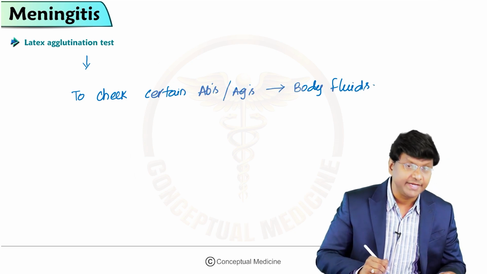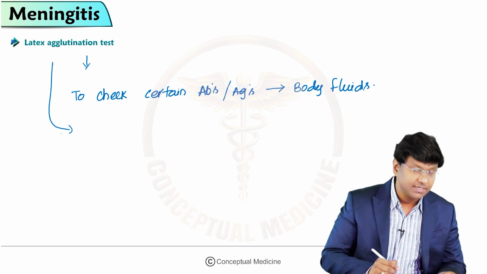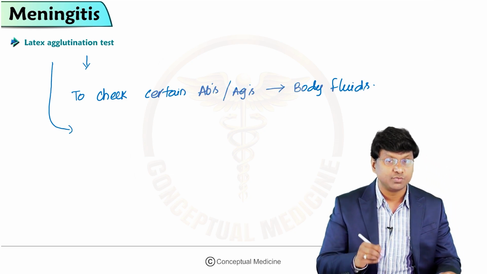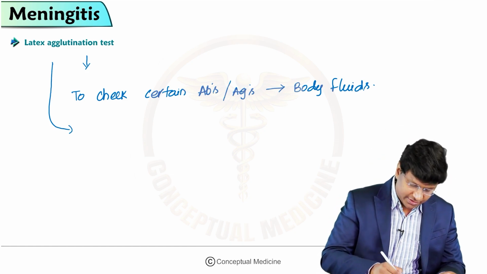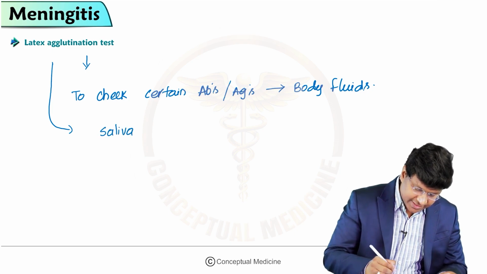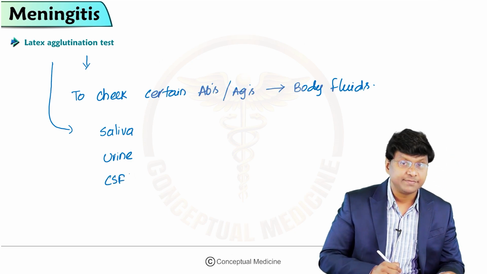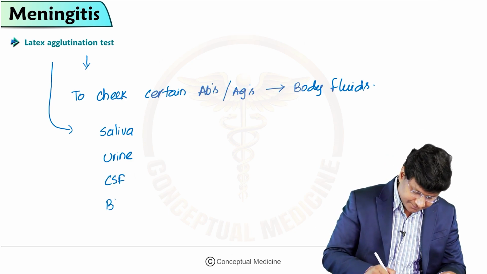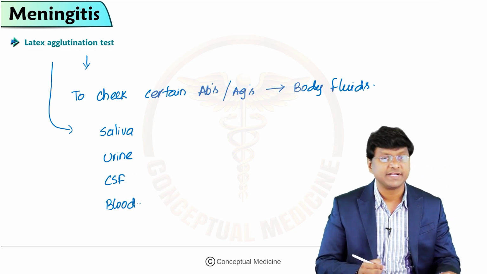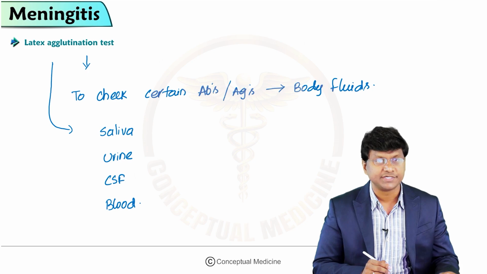It will check the antibodies and antigens within the saliva, then in the urine, cerebrospinal fluid, and as well as in the blood. That is the importance of the latex agglutination test.